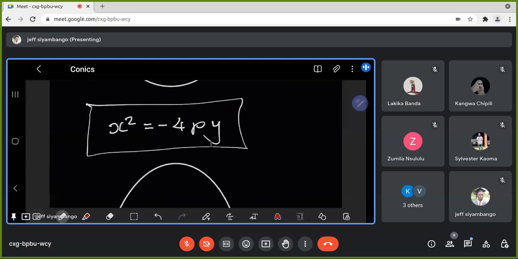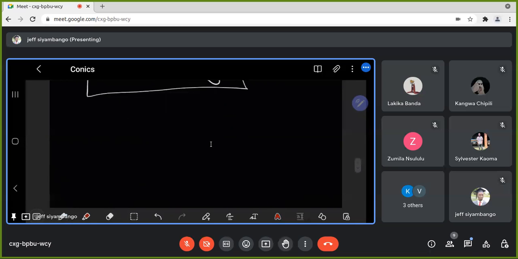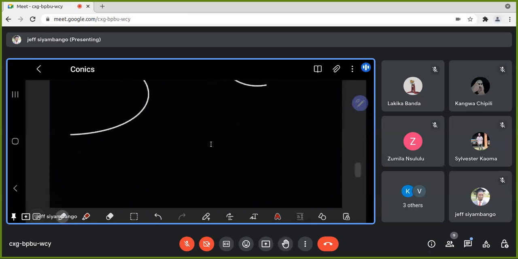But you can also have a parabola that opens to the sides, meaning wrapping around the x-axis, one that either opens like this, or maybe opens like this. How would they look? Again, you have to be able to relate these parabolas to the graph of y equals root x.